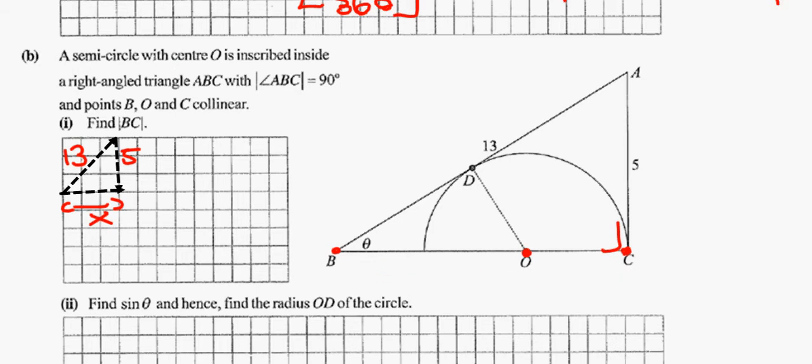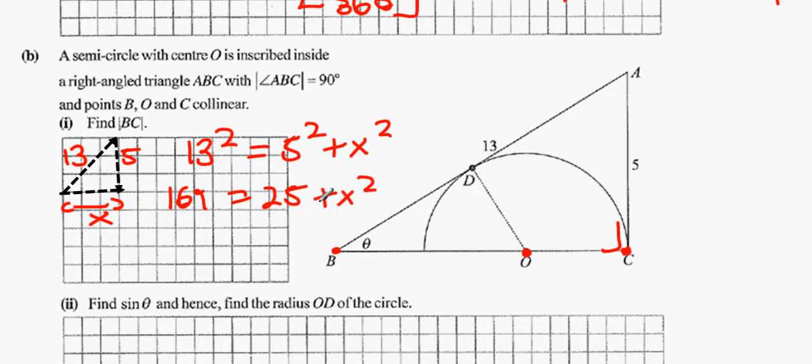Now, we're going to use Pythagoras' theorem, where the longest side squared, and this only works for right angle triangles, the longest side squared equals the sum of the squares of the other two sides, so equals 5 squared plus x squared. We're going to get 169 for 13 squared, 25 for 5 squared, and x squared remains x squared.